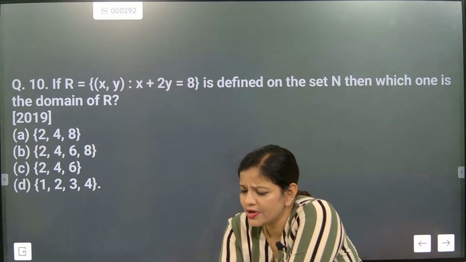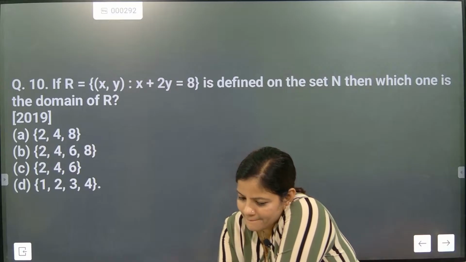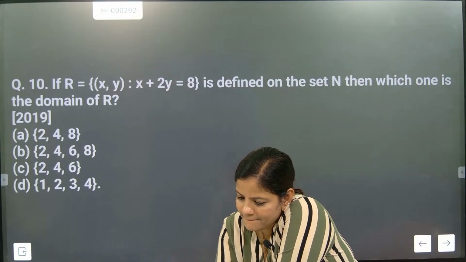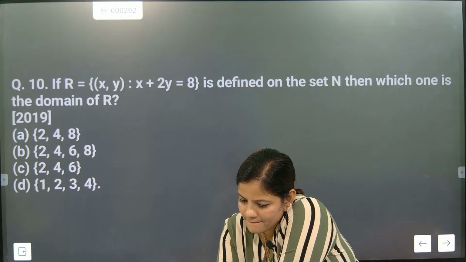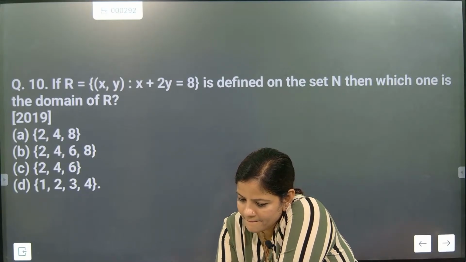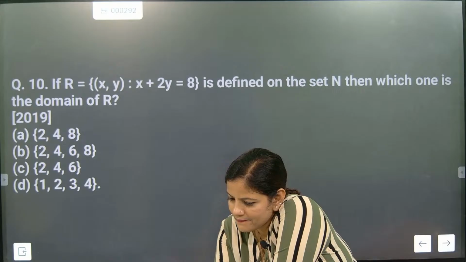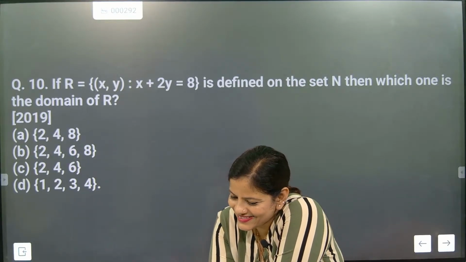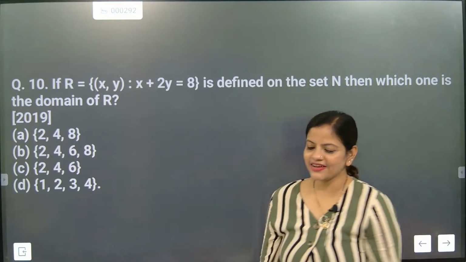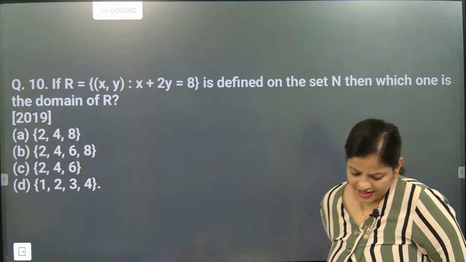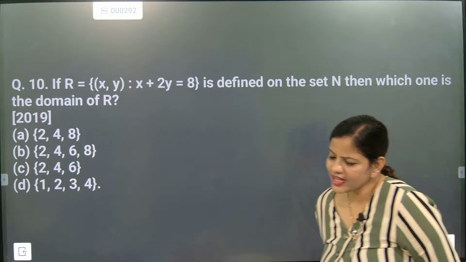Which one is the domain of R? I'm just waiting. Seriously, come on, check. Very simple question. What can be the domain of R?